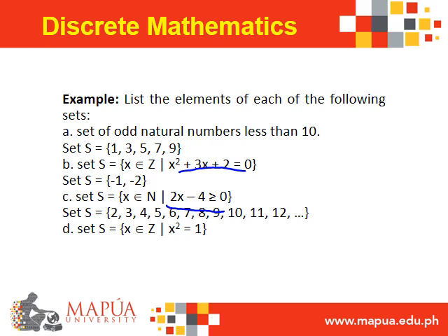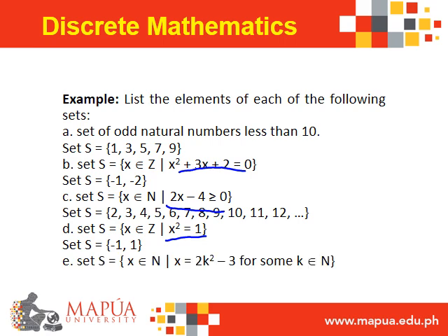Based on this given set now, our elements contain integers which eventually satisfy this equation. Therefore, our set S would only contain -1 and 1.